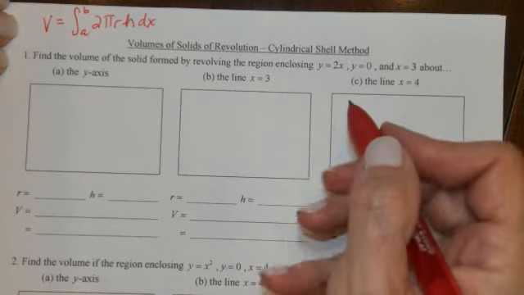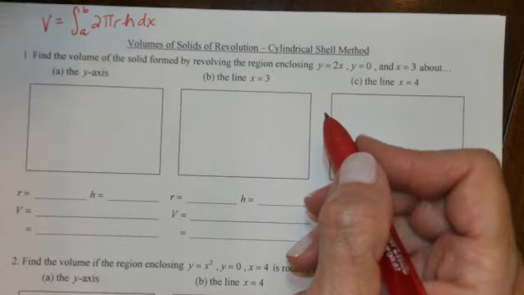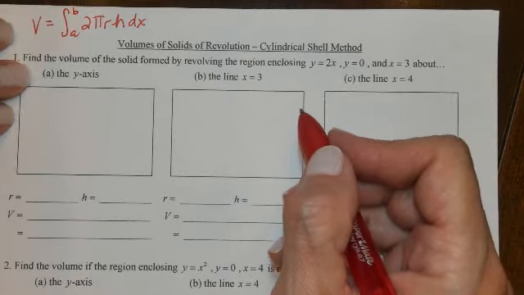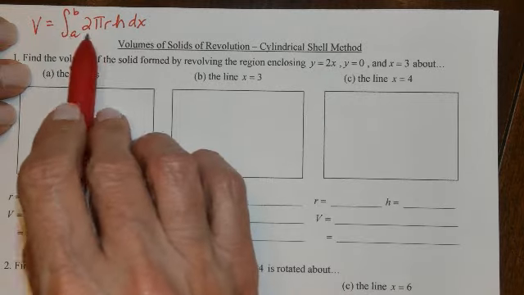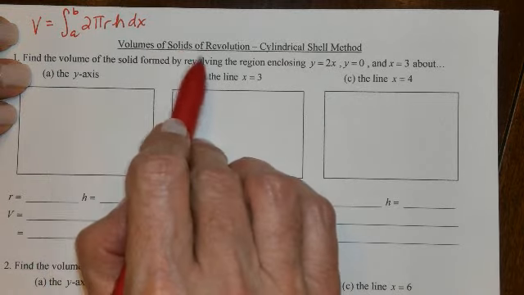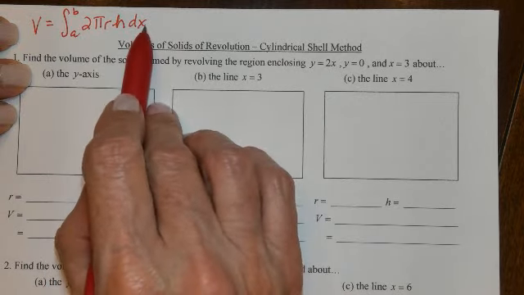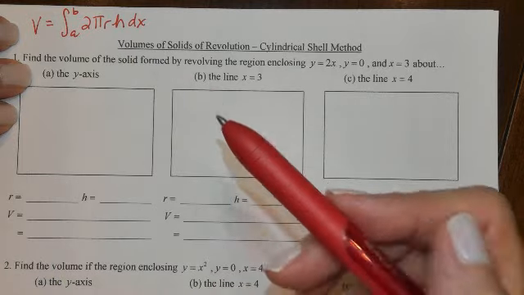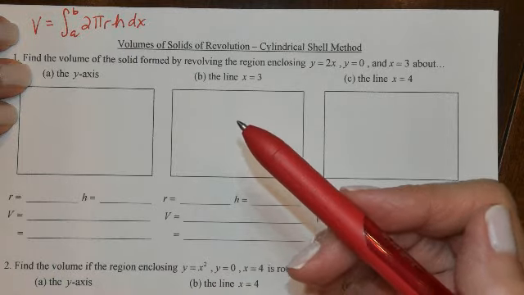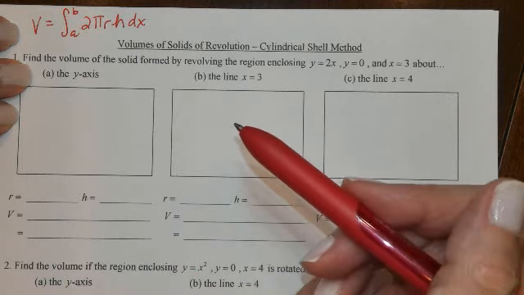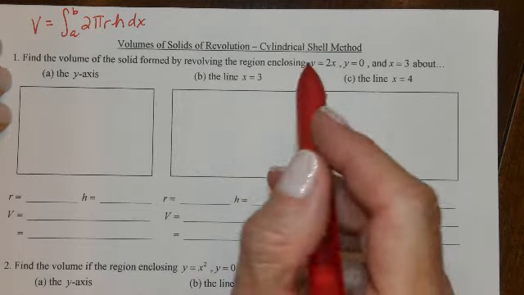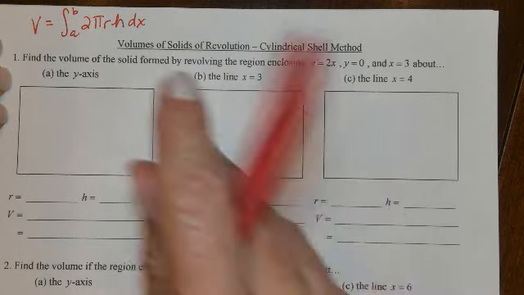You of course can do this with a dy as well. It's just that the most times that we'll use this are when it's a dx. I don't know that I ever will give you one where you would need a dy. But you certainly could.